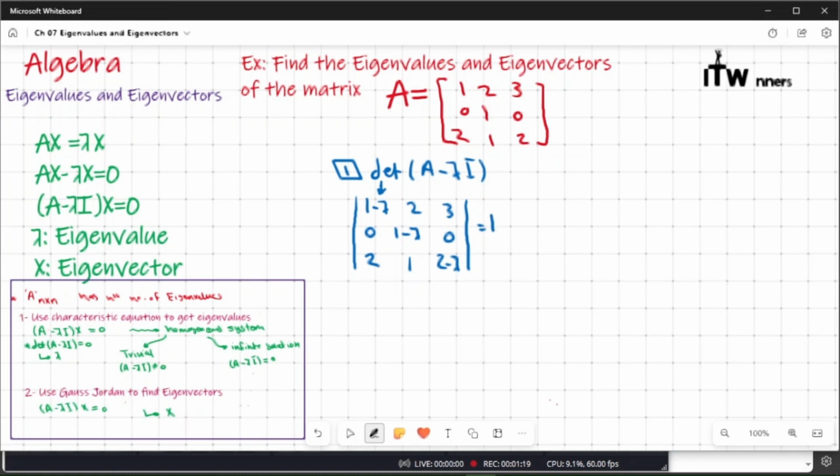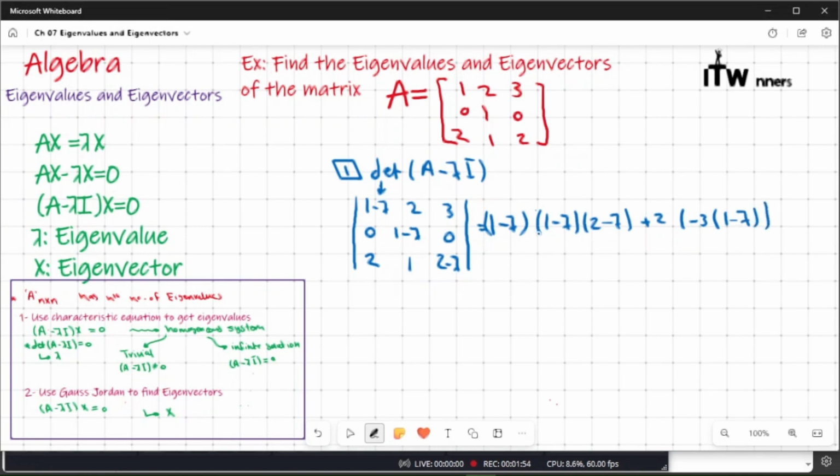Okay, so we have here 1 minus lambda and its minor. So we have 1 minus lambda times 2 minus lambda, and here we have 0, here we have 2 plus 2 times its minor, times minus 3, 1 minus lambda.